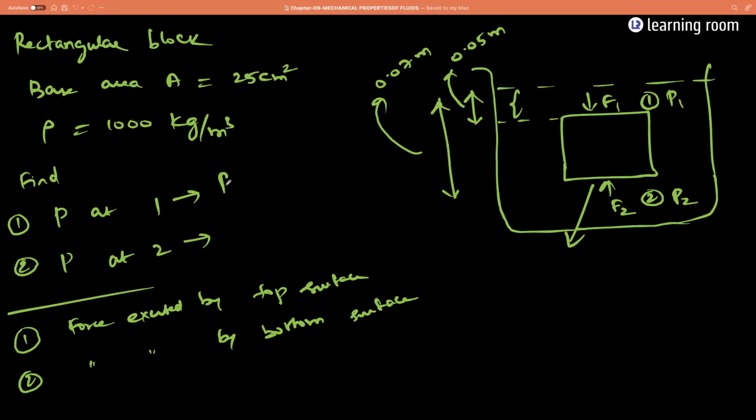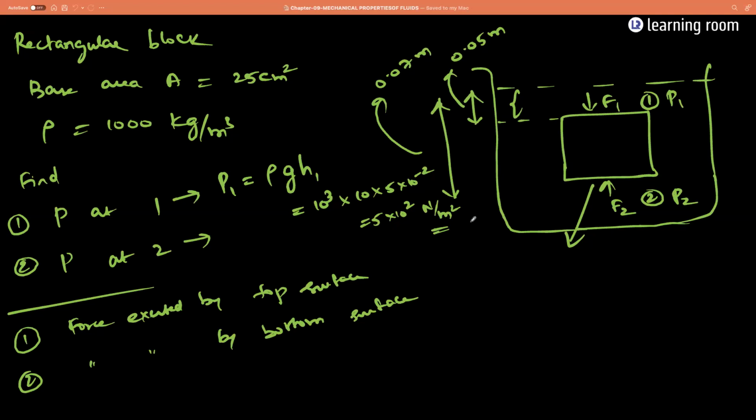So pressure at point 1 is equal to density into G into H1. Density is 10 power 3, G is 10, H1 is 5 into 10 power minus 2. So the answer is 5 into 10 power 2 Newton per meter square. Simple law.